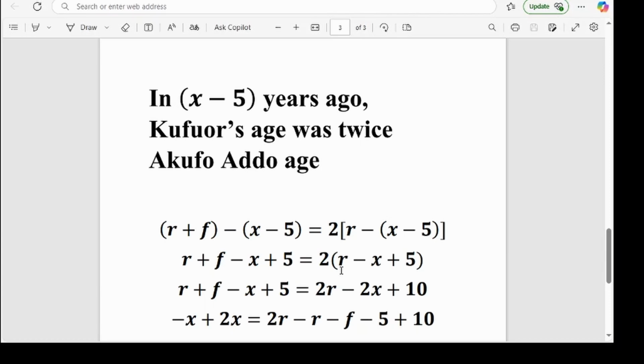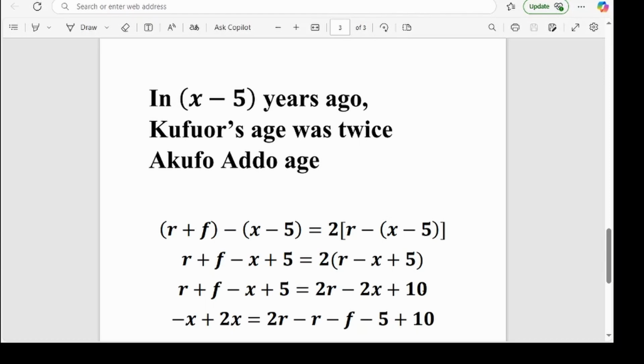So let's form the final equation. R plus F minus S plus 5 would be equal to 2 times R is 2R, 2 times minus S is minus 2S, 2 times positive 5 is positive 10, right?